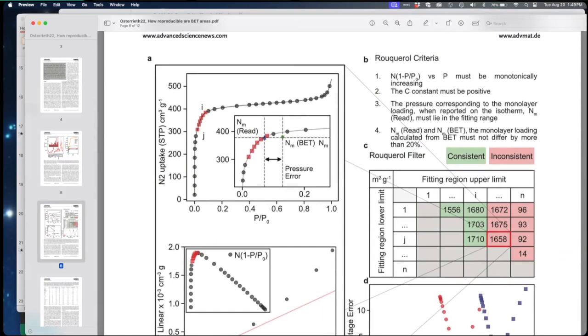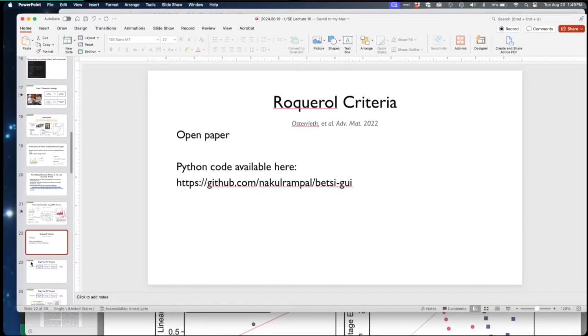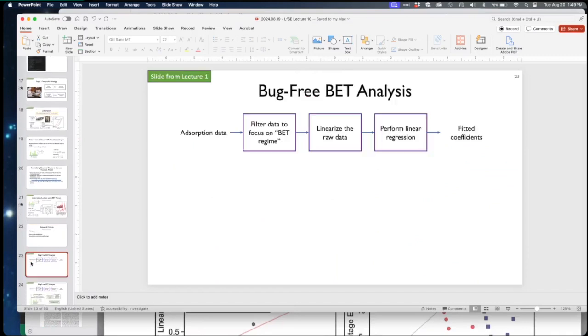Here, let me actually go on to the next slide real quick. So BET analysis involves taking in your XY data. You filter this data to focus on this BET regime. Then you linearize it so you can do linear regression, get a slope and an intercept, and then get fitted coefficients out of that. I glossed over this point.